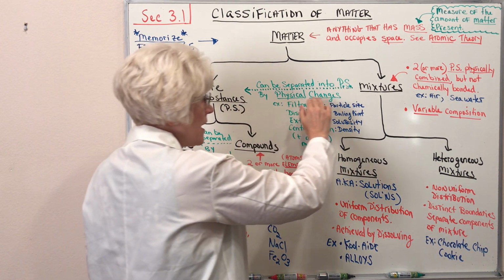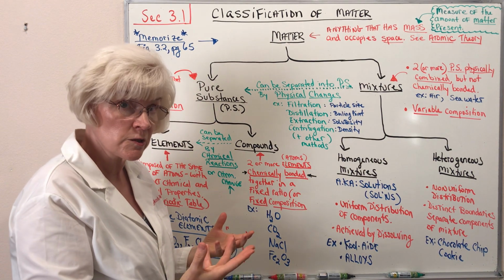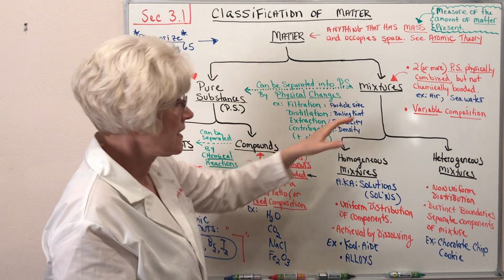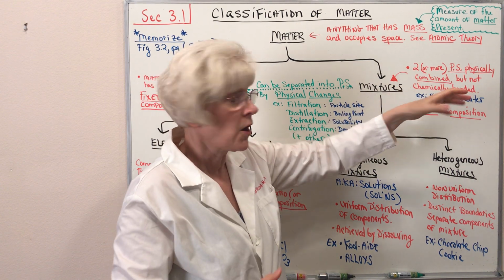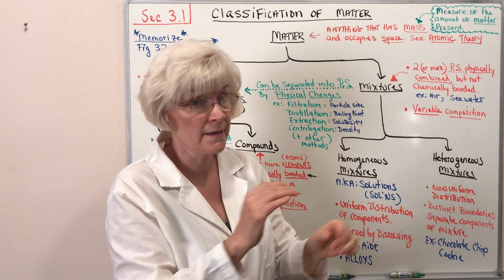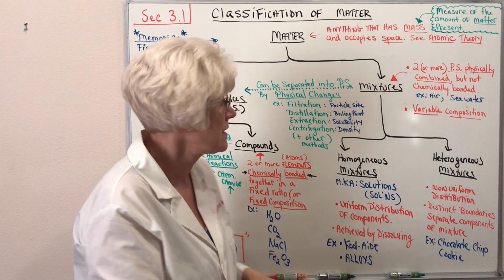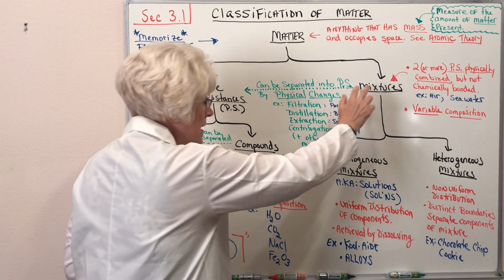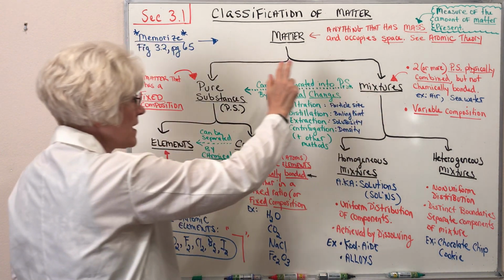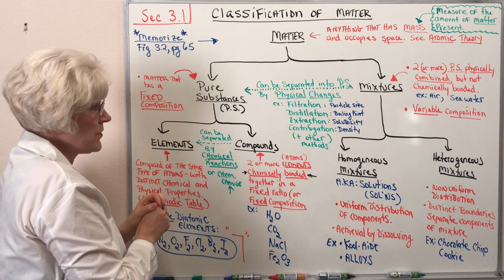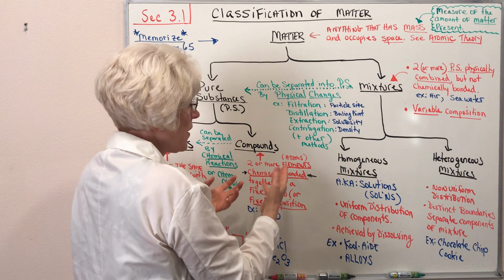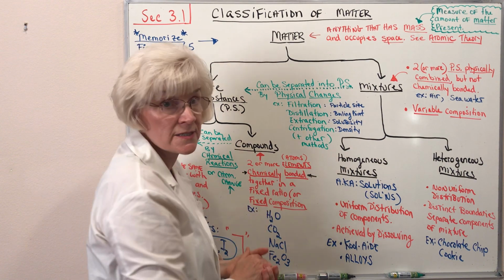This separation can happen through physical changes because the components, the pure substances of a mixture, are just physically combined, not chemically bonded. So you can separate the pure substances that make up a mixture into the individual separate pure substances that are the components through physical changes.